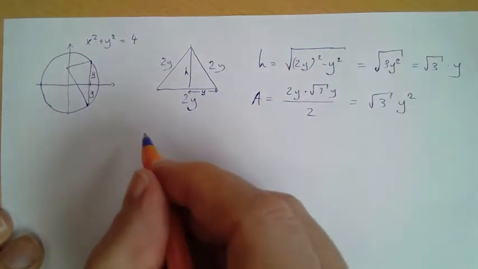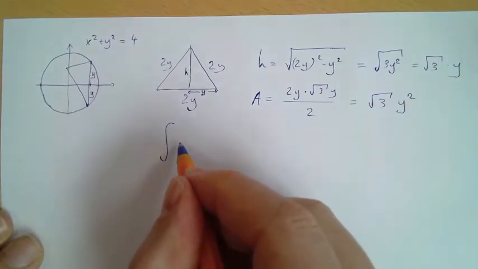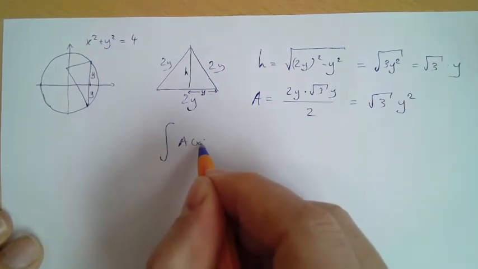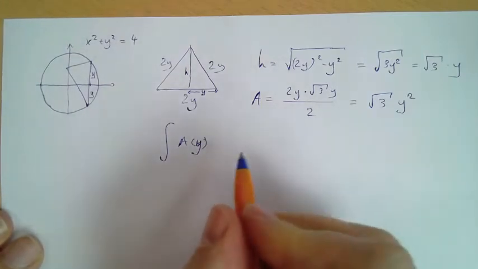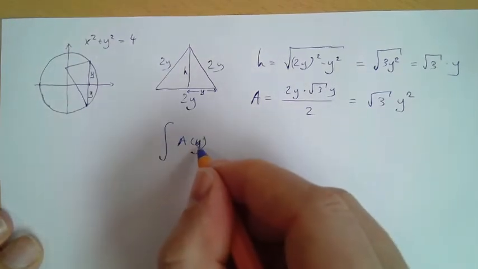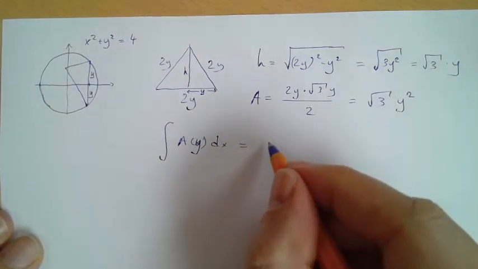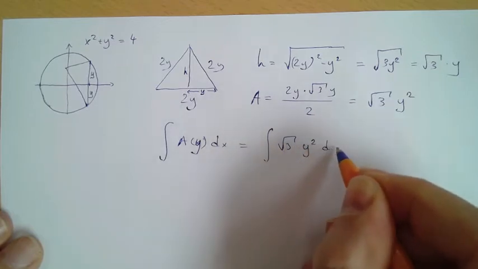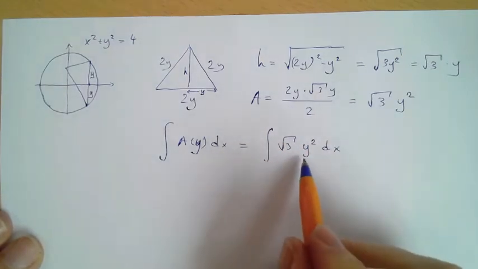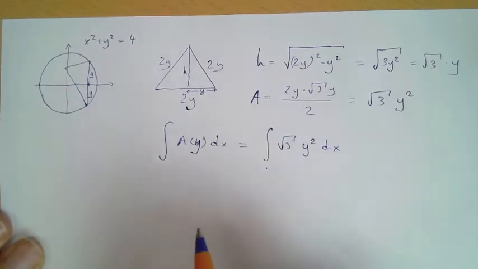So in every case, when we are looking for a volume, we can take the integral of the area. Actually, this time the area is in terms of y here, but I'm going to need to change that very quickly. So it's the integral of root 3 y squared dx. I'm going to need to fix that, and then I'm going to need to decide what my bounds are.